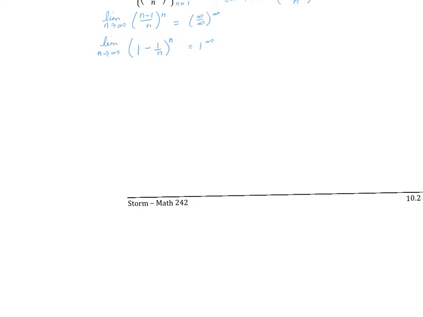Remember, 1 to the infinity is not 1. We had a strategy for evaluating these by taking it e to the ln. And what that allows us to do is use the natural log to bring the exponent in the front.